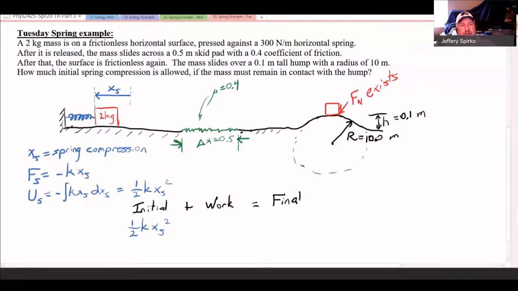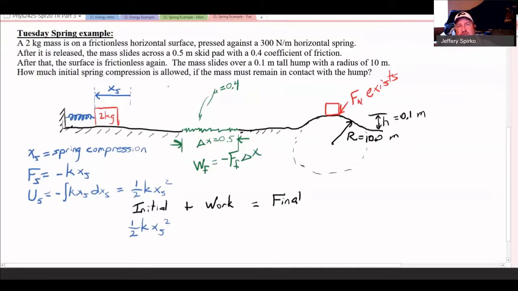Our work is the work due to friction. And our work due to friction is minus the force of friction times delta x. Work is generally average force times distance. It's negative in this case because the motion is toward the right while the force of friction is toward the left, opposing it.